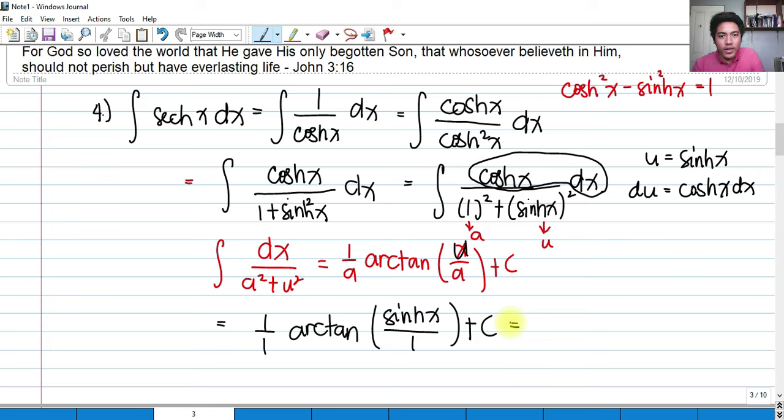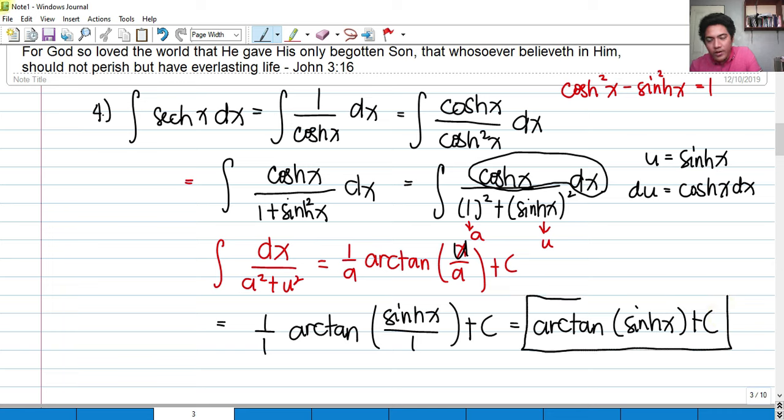Simplifying, we have arctan of the hyperbolic sine of x plus c. This should be our answer to our problem. My mistake, this should be u if I'm going to use u. It doesn't matter if you use x here, then definitely this would be x, but in our formula I used u, so this would also be u and not x.